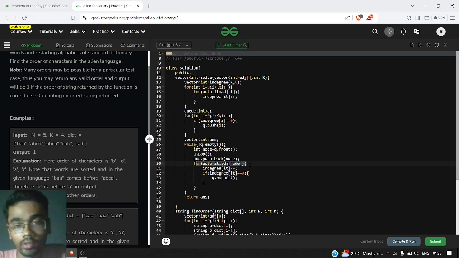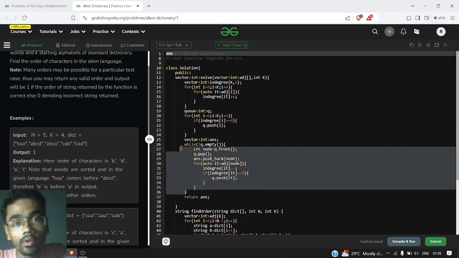For that we are using that for loop, and we decrease the in degree by 1 because we are removing one node. Now if that neighboring element's in degree is 0, then again we will push it into our queue. This would be the element that would be in our order whenever its turn comes in our queue.